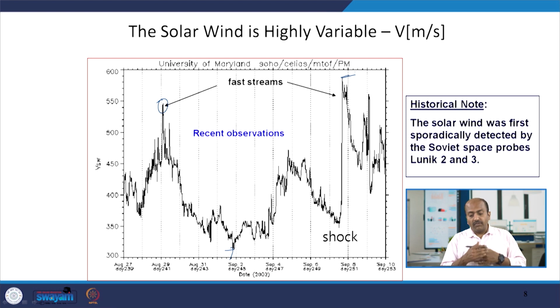Along with the velocity or the speed, the density also changes drastically. That means the variability in the solar wind can be demonstrated within a few days itself. This is an observation which was made using the Solar and Heliospheric Observatory, and it just proves how fast the solar wind can vary in terms of velocity. This has mainly to do with the fast solar wind streams.